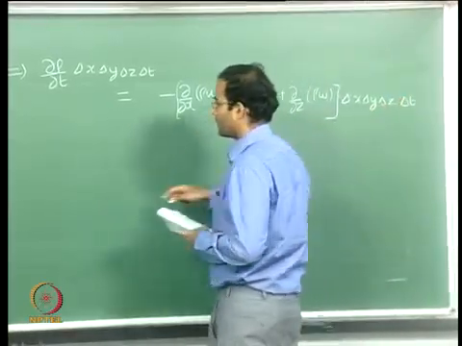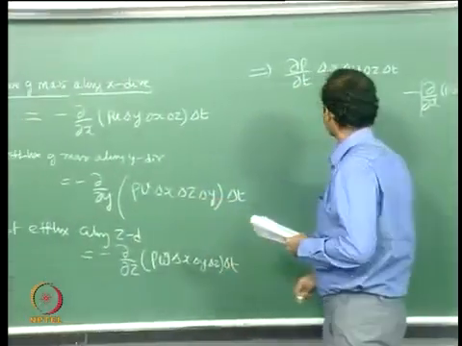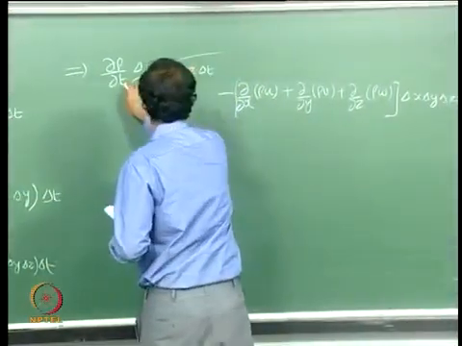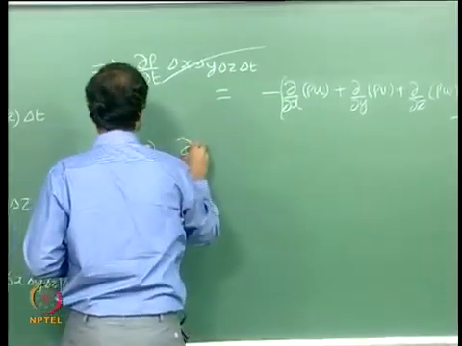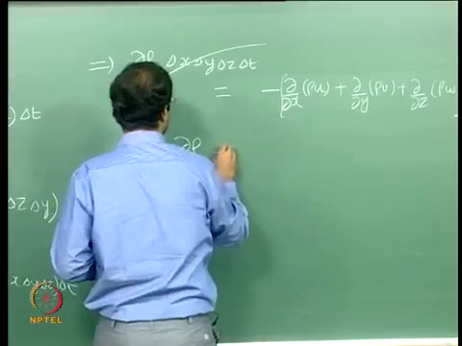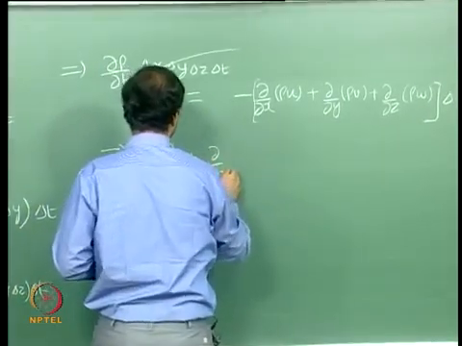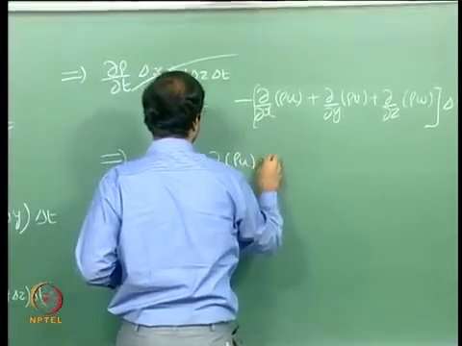This is common for all the effects in each direction, so I am taking them out, so you can cancel this straight away, and this will give me my general form of the continuity equation in the Cartesian coordinate system.